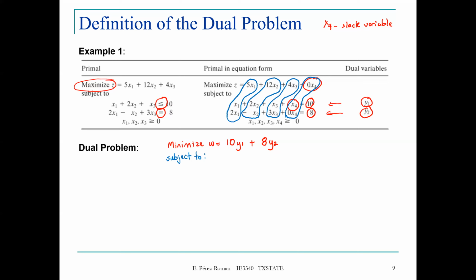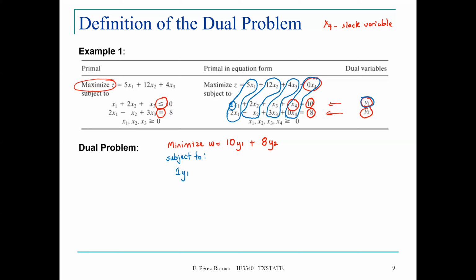So we start with x1 in the primal, and we look at the coefficients here. The first coefficient here is a 1, associated to x1. So it's going to be 1 times y1.